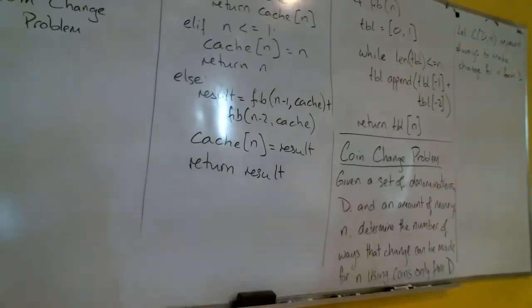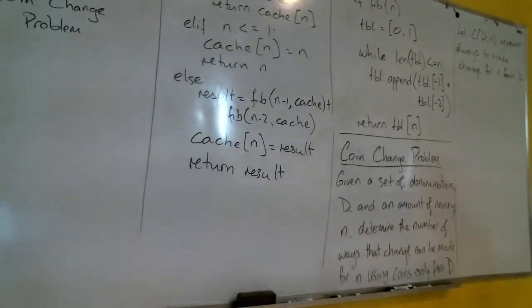If I'm going to use the 5, then I have N minus 5 left to make. I've already decided to use the 5. So if you knew how many ways you could make change for N minus $5 using the same set, that would tell me the number of ways to make change for N dollars using the same set, assuming I'm using that $5. Yes?